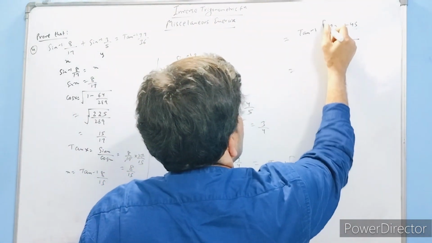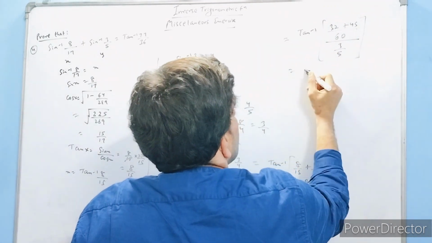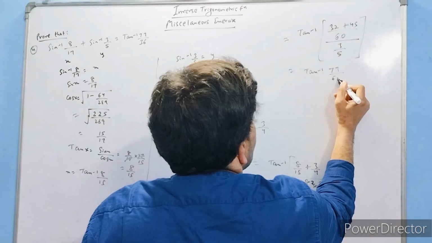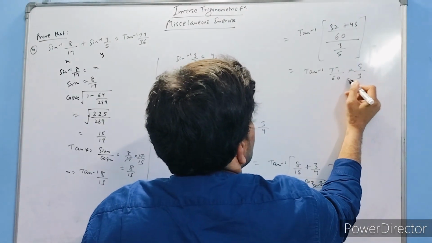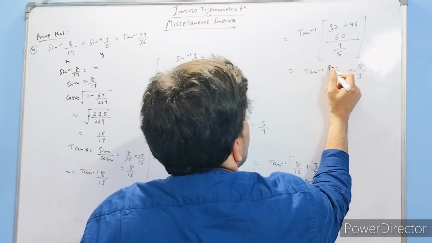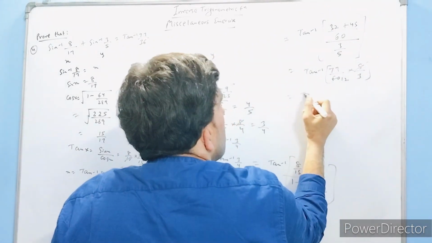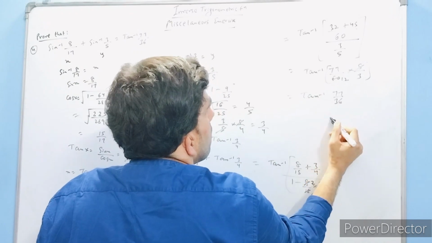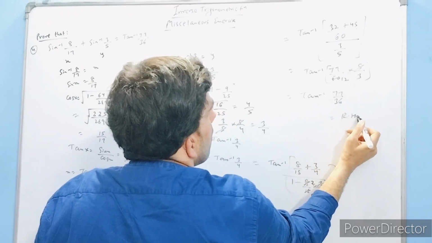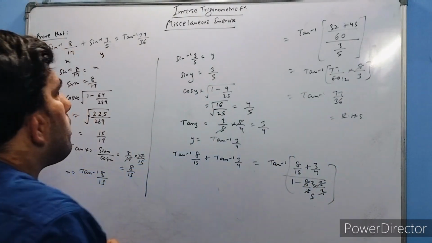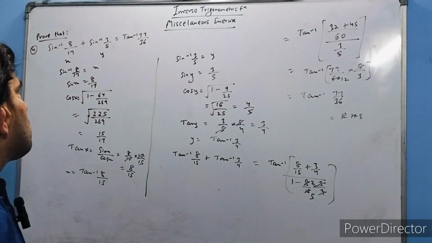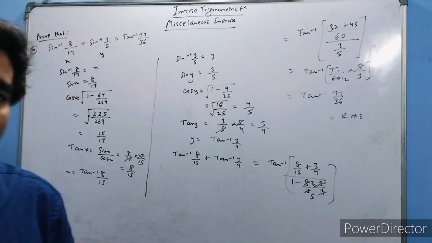So I have tan inverse 77 upon 60 into 5 upon 3, which is 12, so I got tan inverse 77 upon 36, which is equal to the RHS. Okay, so that is how we can easily solve such kind of numericals.